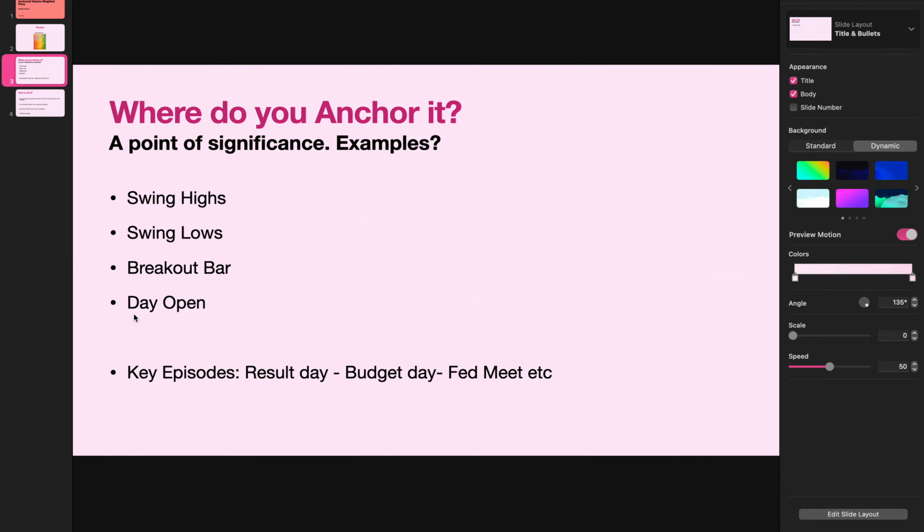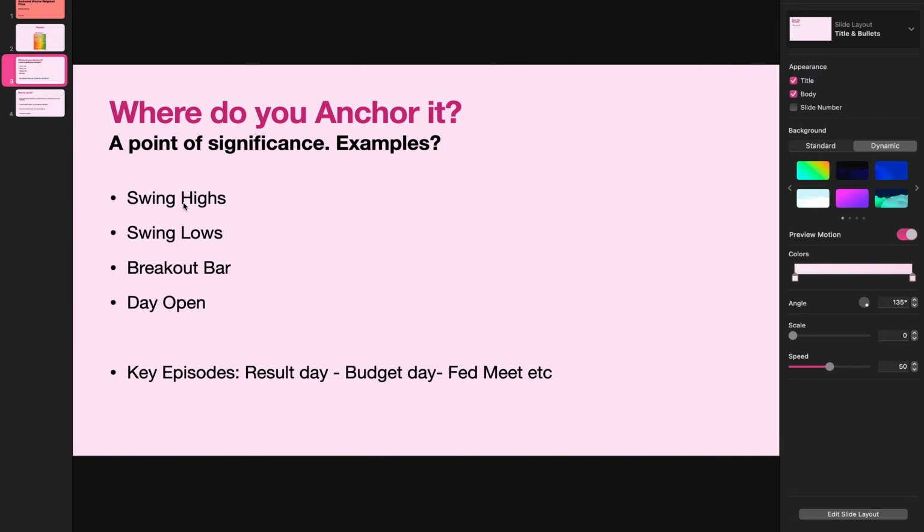The big players do most of their business pre-market or post-market, so most of the orders have been sent already and get executed before the market opens. So the first bar of the day is a very significant candle in that regard. That is why the day open also serves as a point where you can anchor your AVWAPs.